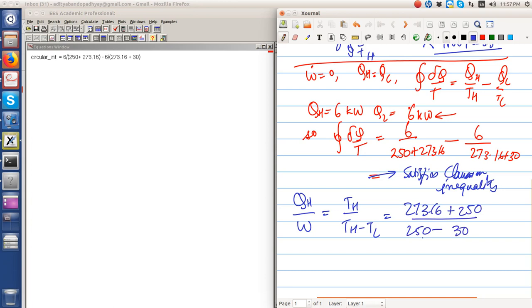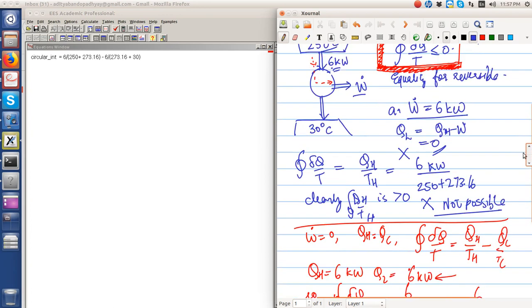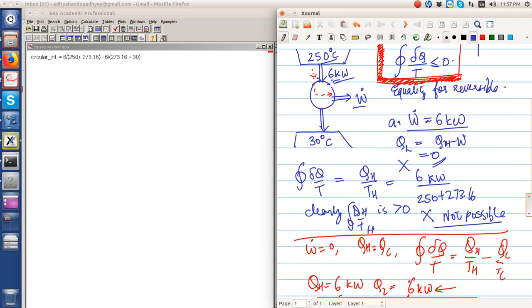It doesn't matter if you take this in Kelvin or degree Celsius, because all we bother about is the difference. So this is equal to 523.16 divided by 220, and QH was given to be 6 kilowatt.